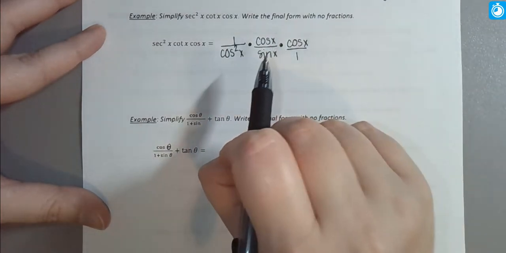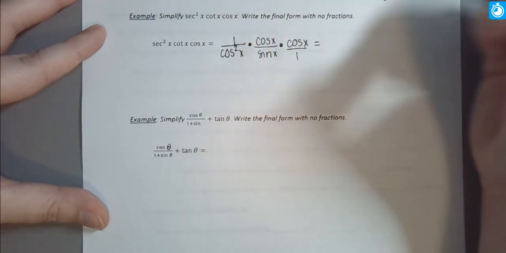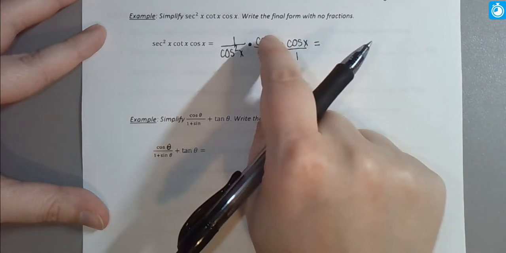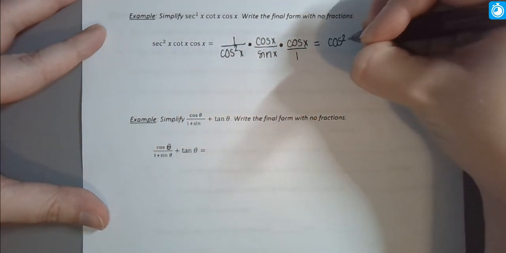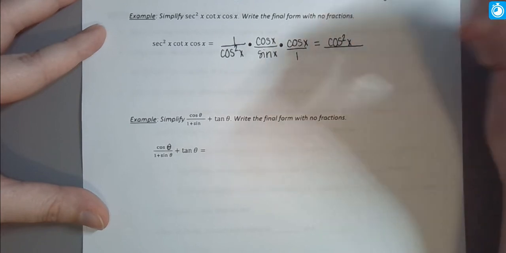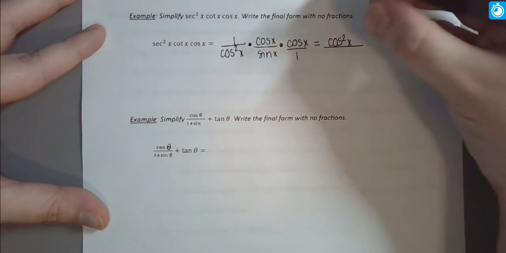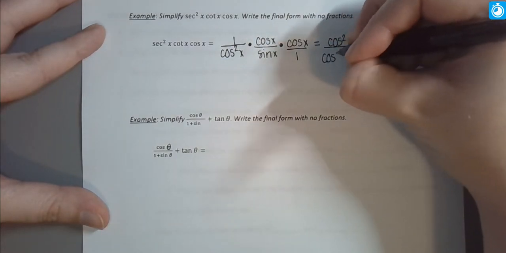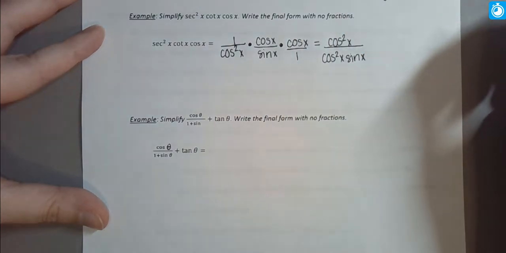It divides out. So notice in the numerator, if we were to just rewrite what we have, clean it up a little bit, 1 times cosine could be written as cosine squared of x. And then in the denominator, we have a cosine squared times a sine times a 1. So our denominator is cosine squared x times sine x.